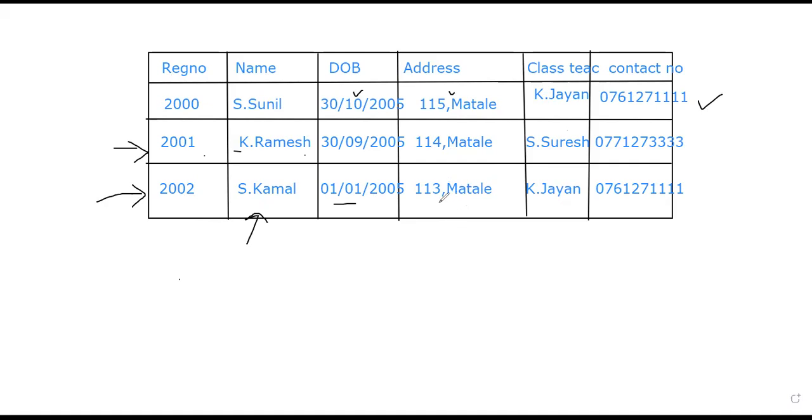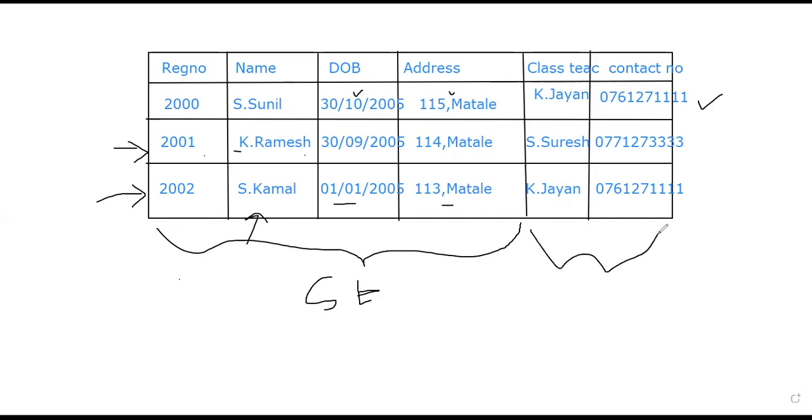So what you see here, the register number, the name, the date of birth, and the address, these are student details. And on this side, the class teacher and contact number, these are teachers' details.